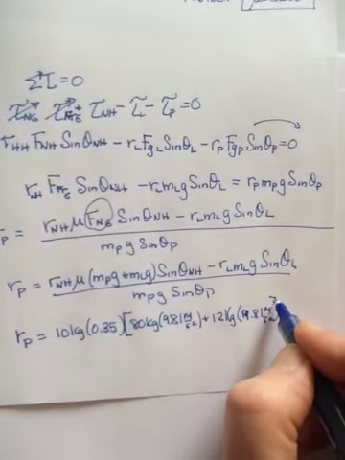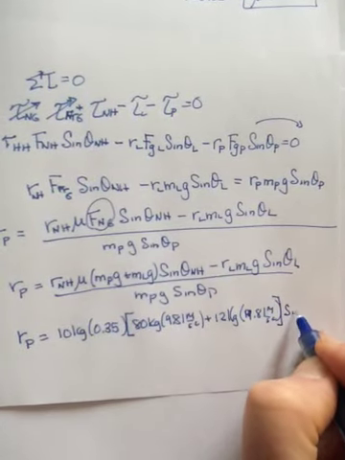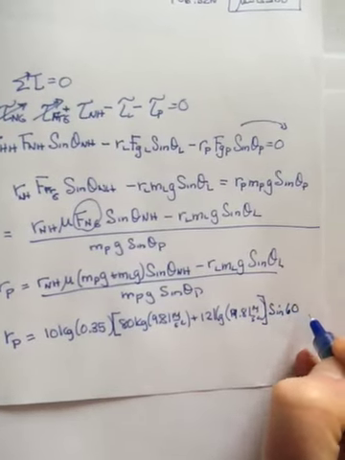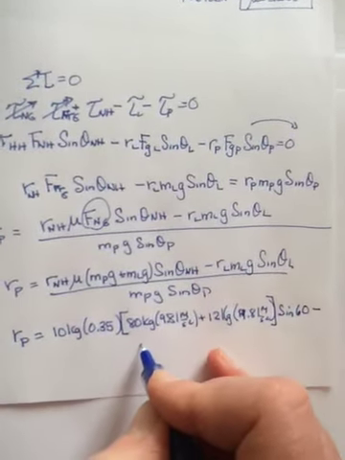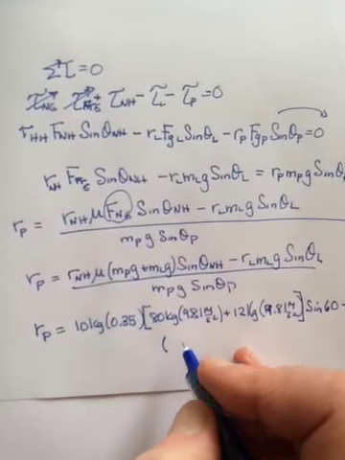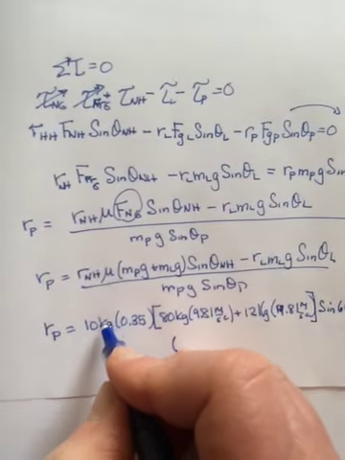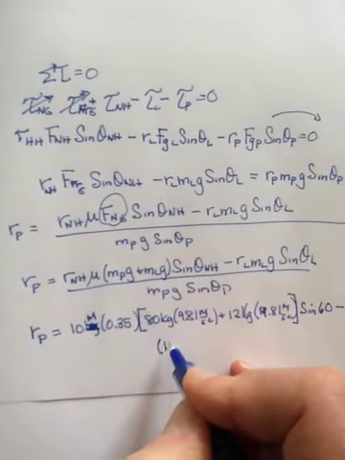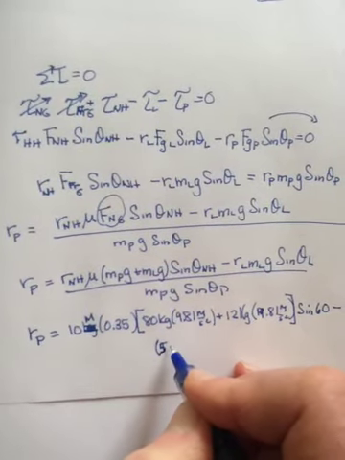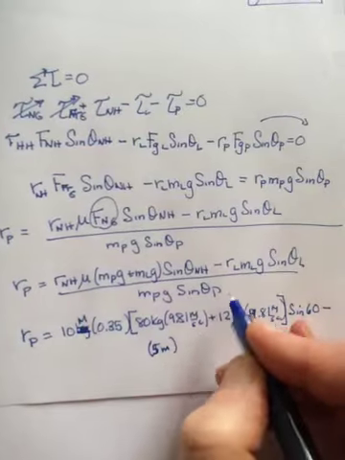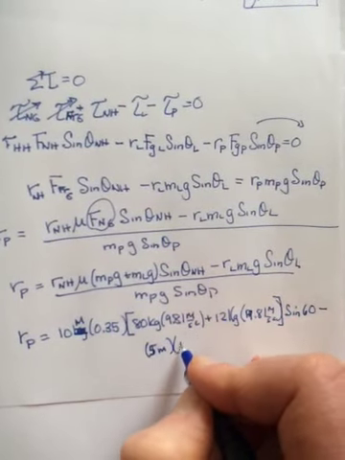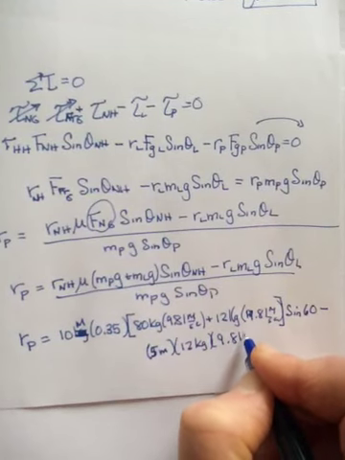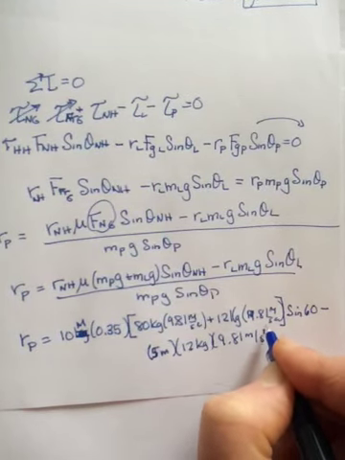And then close this bracket, and then this is sine theta normal of the house, which is the 60, minus R of the ladder. A 10 meter long uniform ladder, so the R of the ladder should be 5 meters. Mass of the ladder is 12 kilograms times 9.81 meters per second squared.